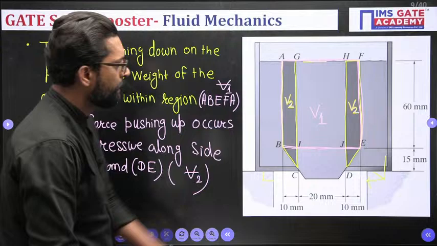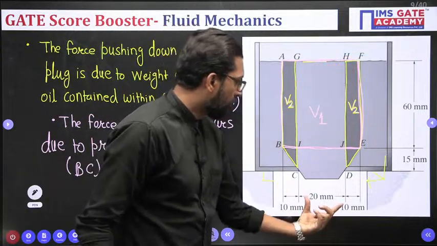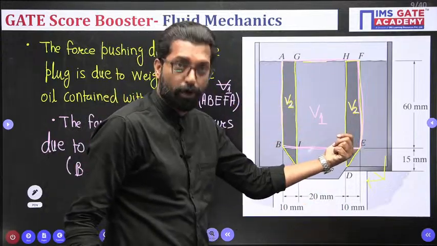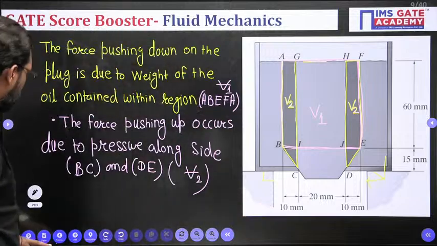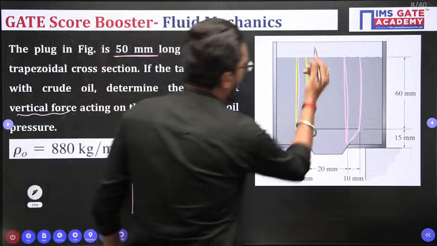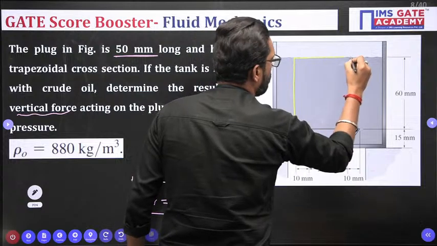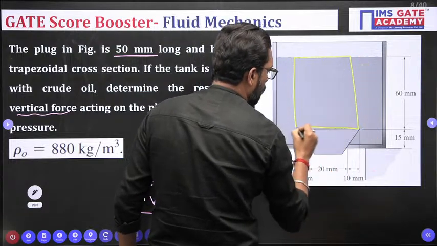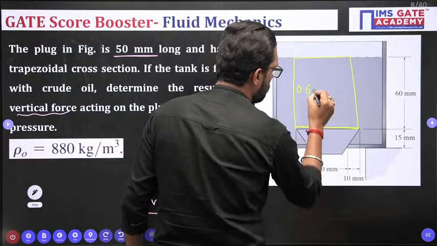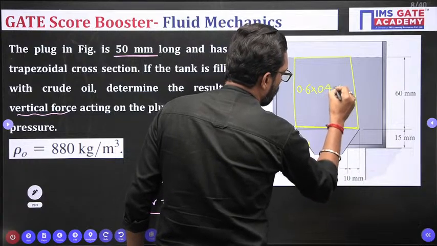Total height is 60, cross section 60 by 40, into the depth. Depth I think 50, it is given. So what is the total volume? 0.6 cross 0.4 cross depth.